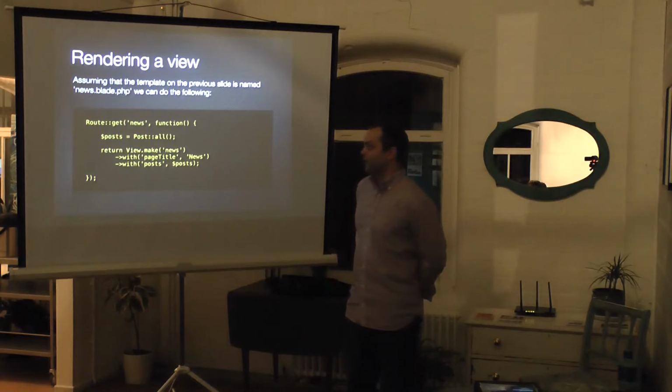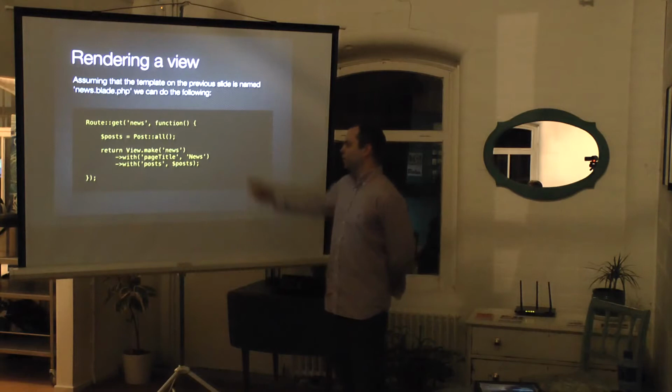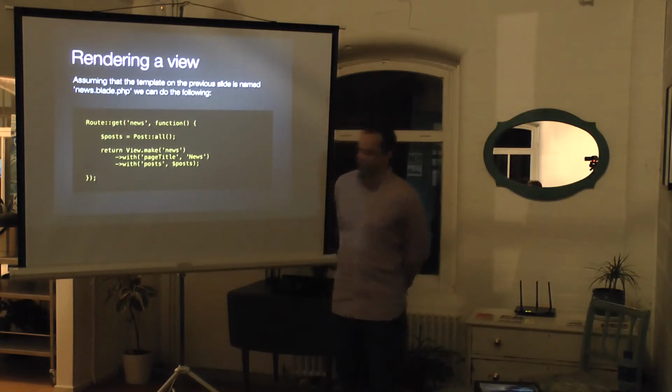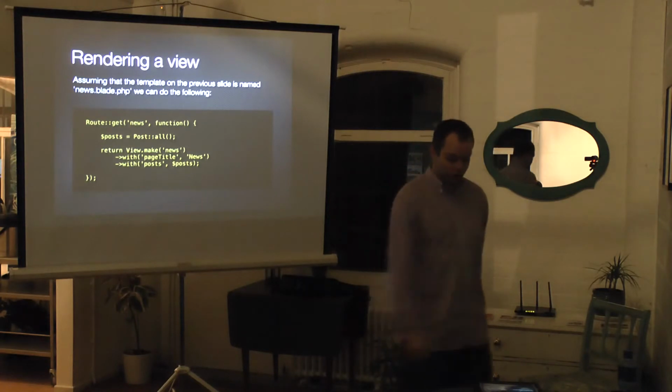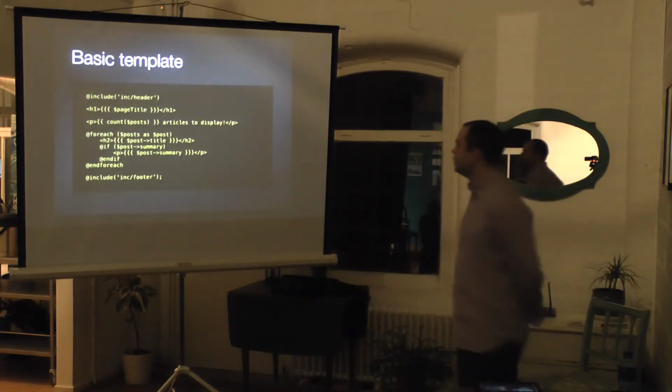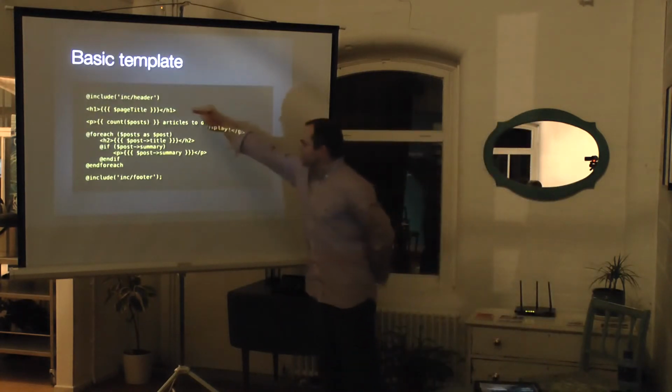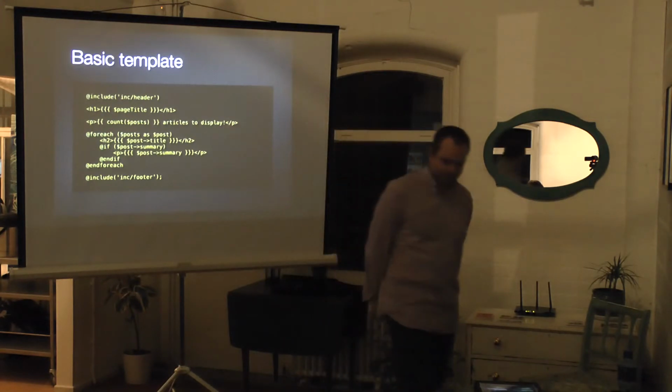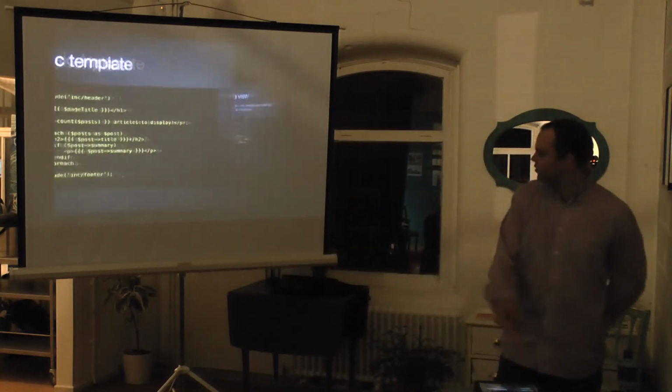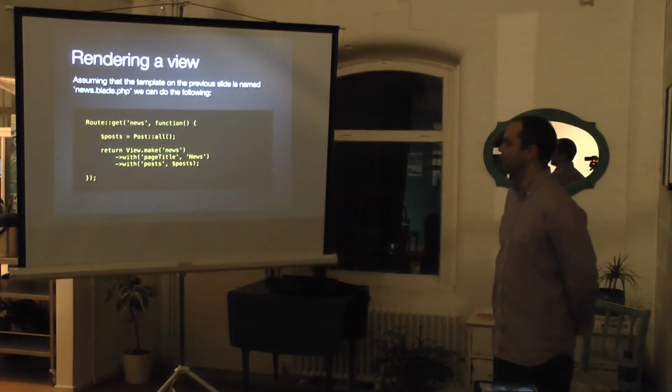You don't need to specify the .blade.php part, just call it news. And we're passing through page title, news, with posts, and those are what get output here. Page title, posts, just like that. So with means pass a variable through into your view.